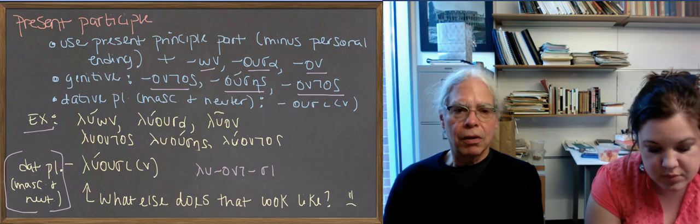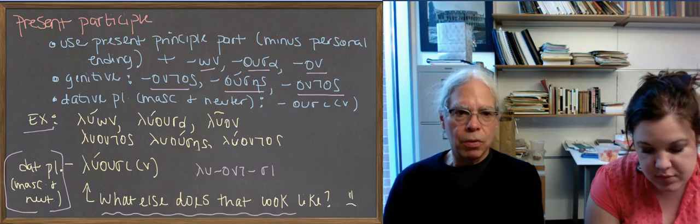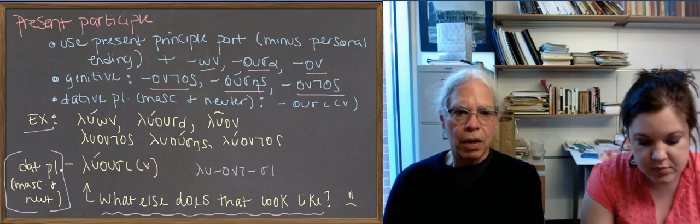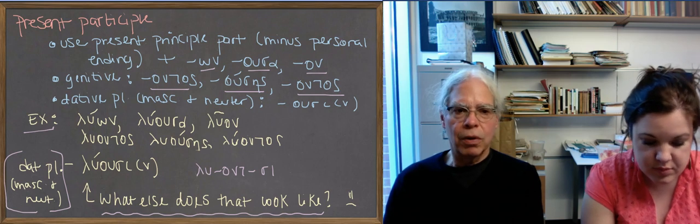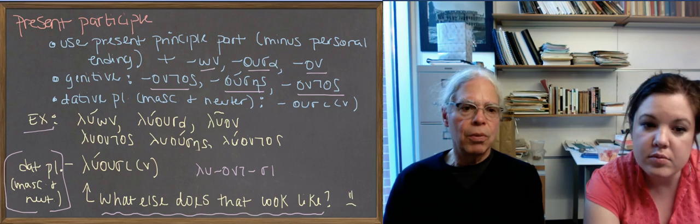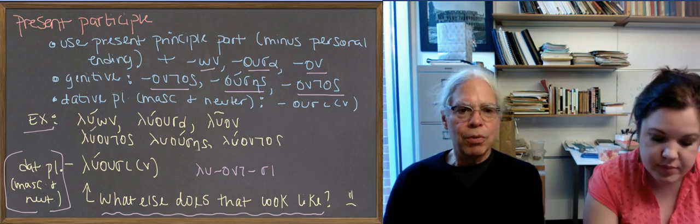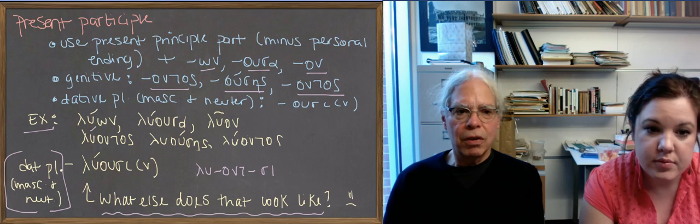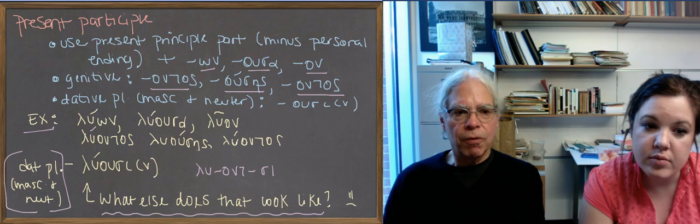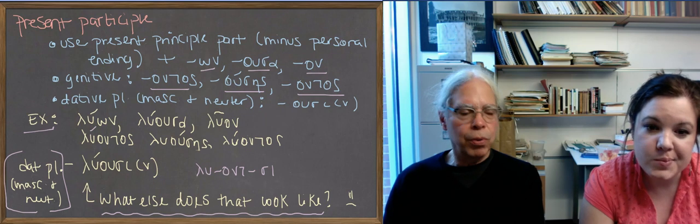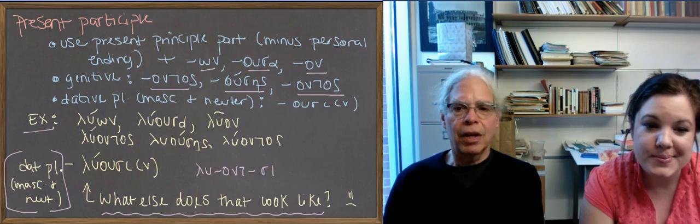Lusi, look at our example. Luon, lusa, luon, those are the nominative forms of the participle in 3 genders. Luontos, lusees, and luontos, those are the genitives. From those you can generate all the rest. Lusi is the dative plural. That looks like a third person plural present indicative. That looks like they are releasing.